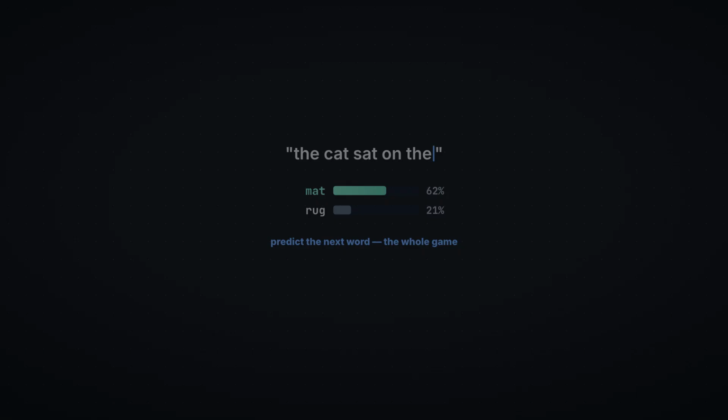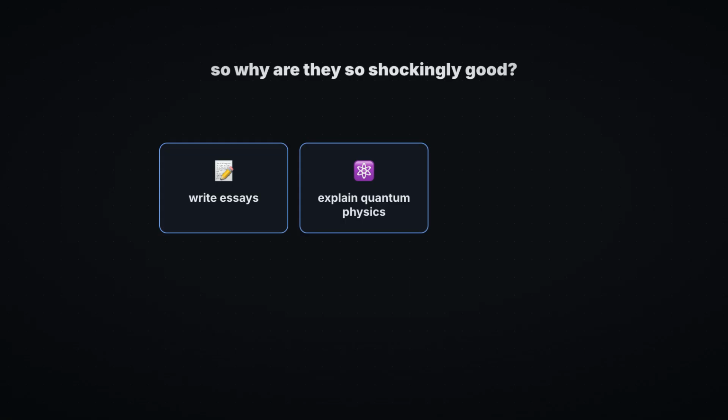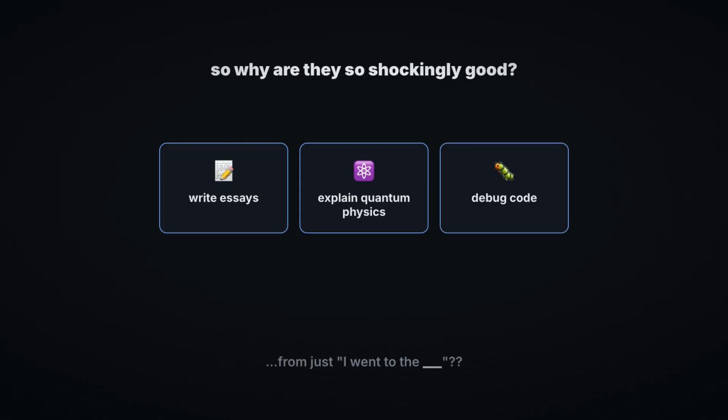Predicting the next word sounds simple, almost too simple. If I give you the sentence, I went to the blank, you could guess store or park or doctor. That's not magic. A 5-year-old can do that. So why are these models so shockingly good? Why can they write essays and explain quantum physics and debug code if all they're doing is predicting the next word?